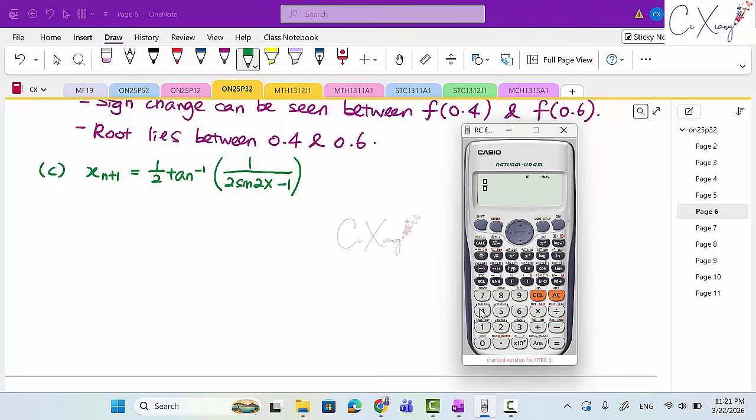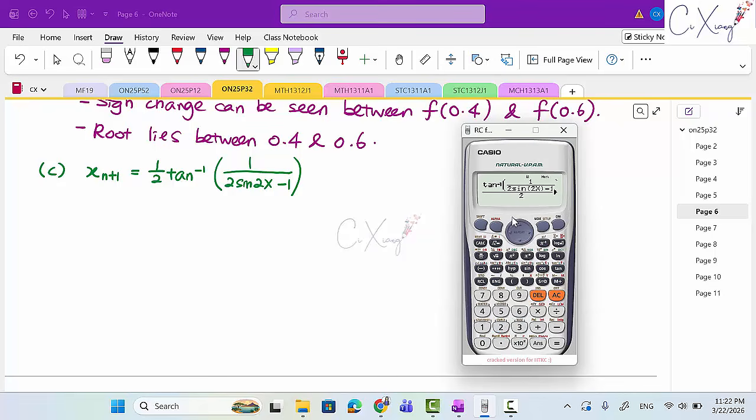Then key in the right hand side of the equation: tangent inverse, with a fraction inside the tangent inverse, 1 over 2 sine 2x, then minus 1 and close bracket, then divided by 2.